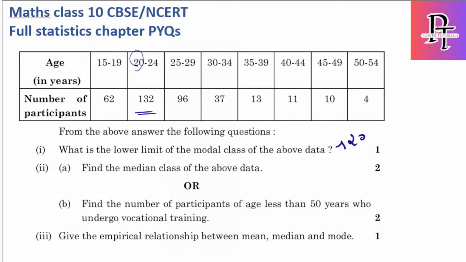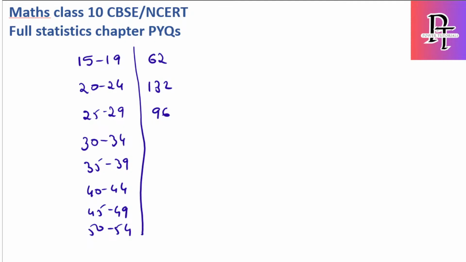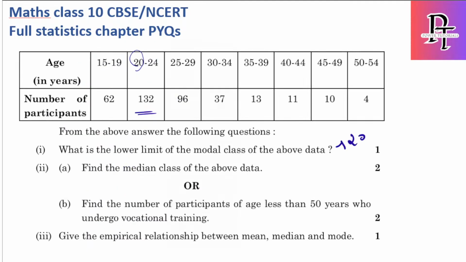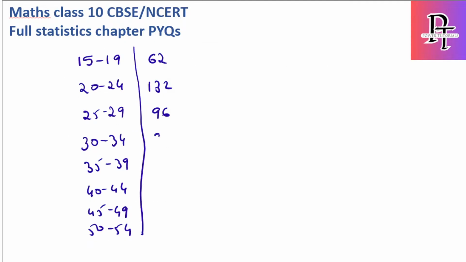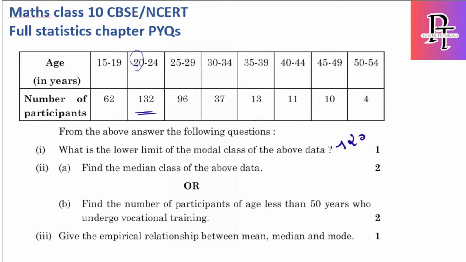Okay, this is asking what is the median class, so no need to write all these things. Sorry, 61, 32, 96, and then 37, 13, 11, 10, 4.